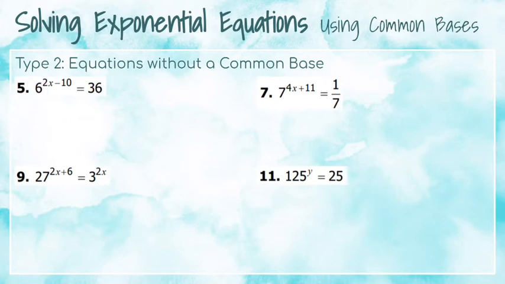Is there any way that we can have a base of 6 and give it an exponent to make it equal 36? Yes. 6 squared is equal to 36. So we can rewrite this as 6 to the 2x minus 10 equals 6 squared. And now we have like bases, and we can just set the two exponents equal to each other. And we are going to find that x equals 6.